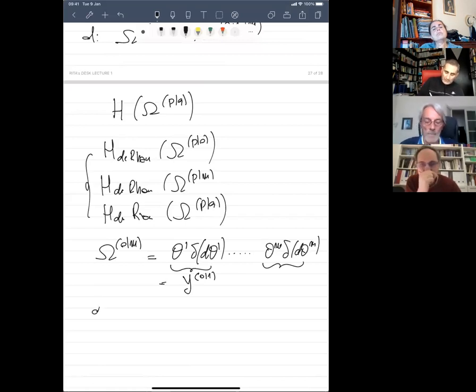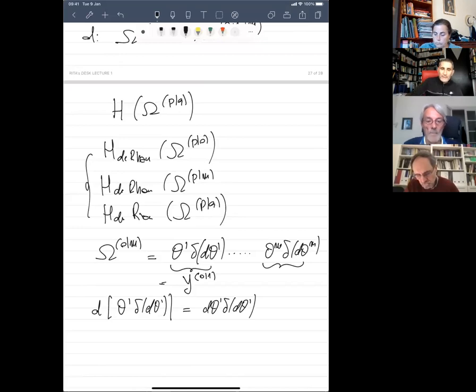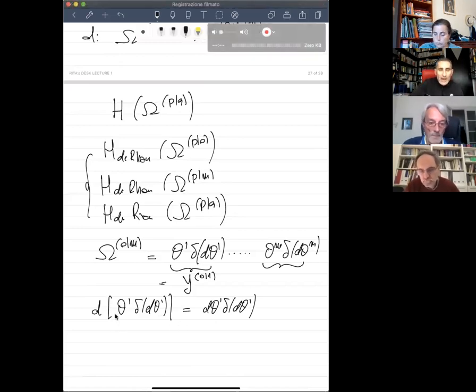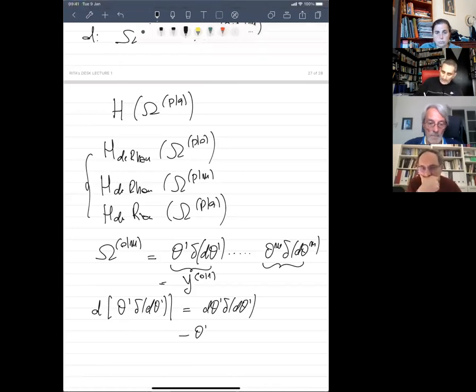If I act with the differential on theta 1 delta of d theta 1, then I get d theta 1 delta of d theta 1. Then, acting with the differential, I have to go through the thetas, so I get the minus sign: theta 1 and then delta prime of d theta 1.